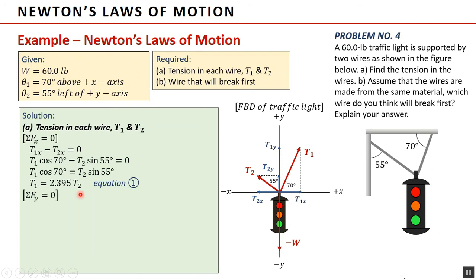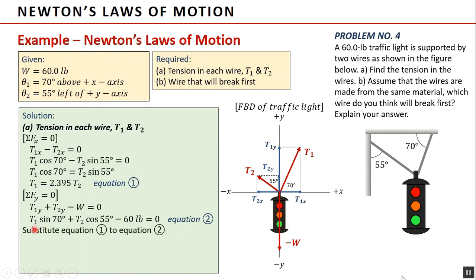Now, we generate the second equation by taking the summation of forces along y-axis, which by Newton's first law is equal to 0, since the traffic light does not move in y-axis either. From the FBD, we have T1y plus T2y minus weight w, then equate this to 0. Then T1y is T1 sine of 70 degrees, and T2y is T2 cosine of 55 degrees, minus 60 pounds, the weight, equals 0. Then we label this as our second equation.